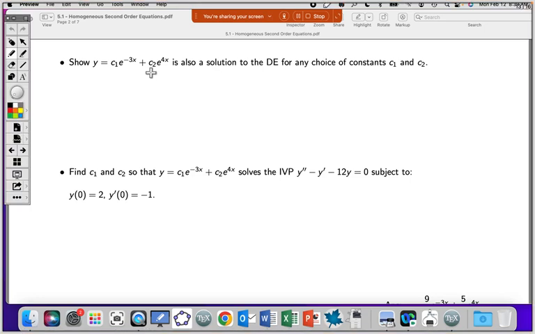Show that c1 e to the minus 3x plus c2 e to the 4x is also a solution for any choice of constants c1 and c2. We've seen this kind of construction before when we proved the existence and uniqueness of linear solutions a couple of weeks ago. Do you remember what we called this when we took constant multiples of functions and added them together?